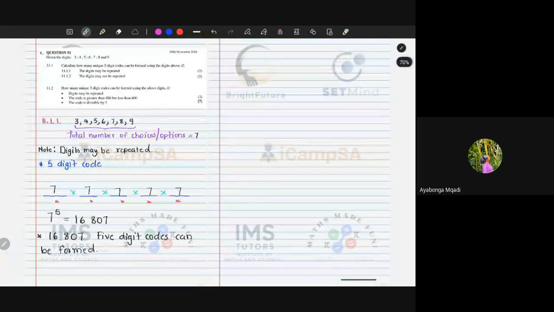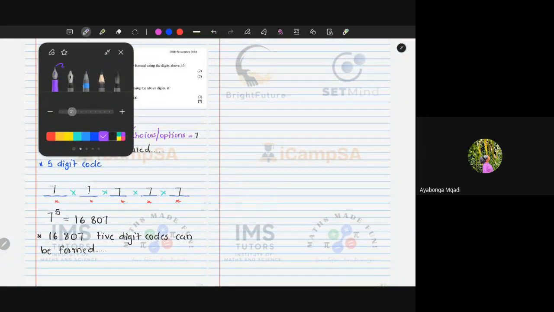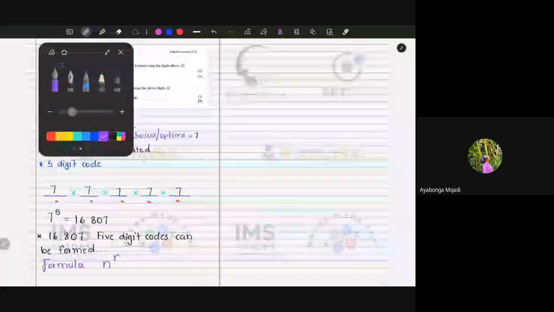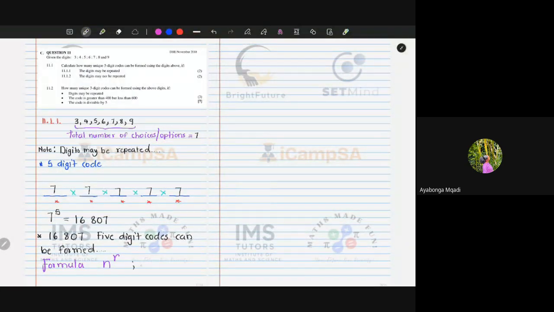But if you look carefully, guys, under our permutation, if you remember, I gave you a formula that was n to the power of r. So when we look at our problem, our n is equal to what, guys? 7.